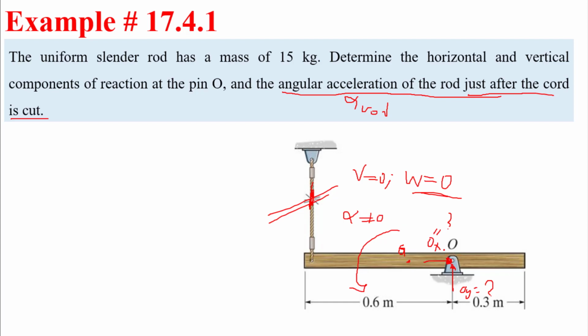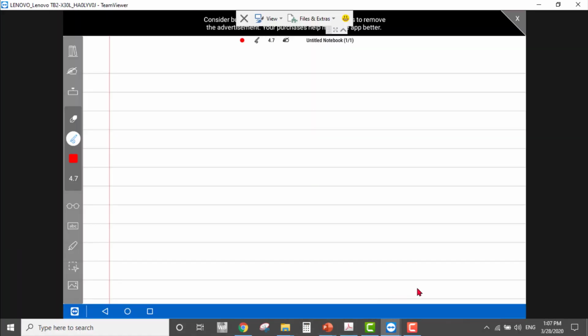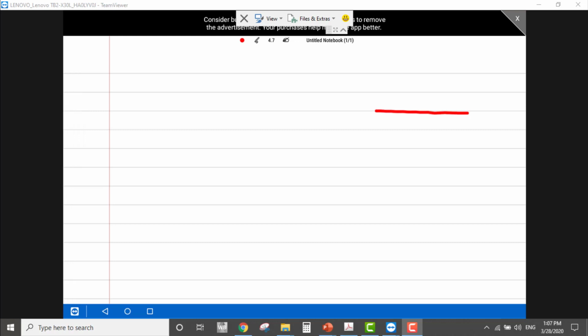Okay, so how many unknowns? This is the first unknown, second unknown, and here we have the third unknown. Okay, now let's go to the solving board. Here is the solving board, and let me draw the cylinder rod. So here is the cylinder rod, and here is the point of fixing.